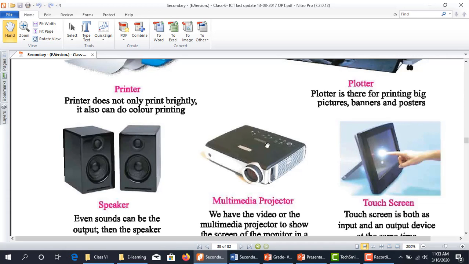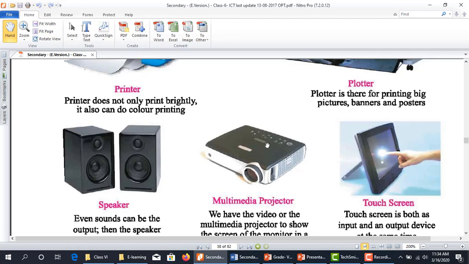Multimedia projectors: you see multimedia projectors in our school, when you went to the lab. A projector is a device that gives you a big screen of your small pictures.